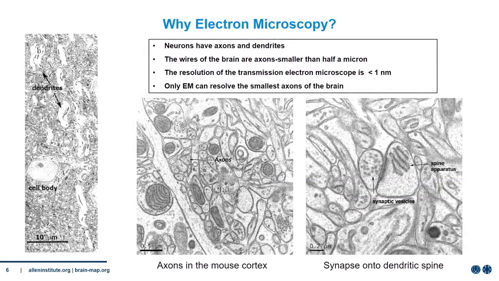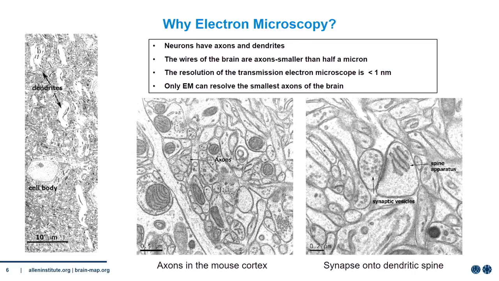So you might ask yourself, why electron microscopy? It has a reputation for being very hard, and there are many, many technical challenges. However, the answer lies in these pictures. This is a very low magnification electron micrograph where you can see the cell body, and these large structures here are actually the dendrites of the cell. But what's in between all here in this neuropil?